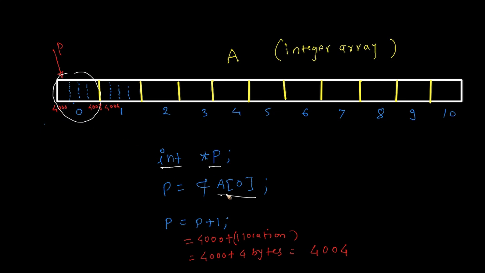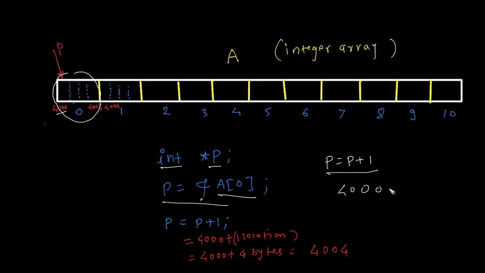If I want to store the address of that first location, which is an integer type location, in p, I get the address by saying &a of 0. This will give me the address of this location, which is 4000. I can store it in p, so p is pointing to this location. Now if I increment p by 1, by saying p equal to p plus 1, p will not become 4001 because p is already 4000.